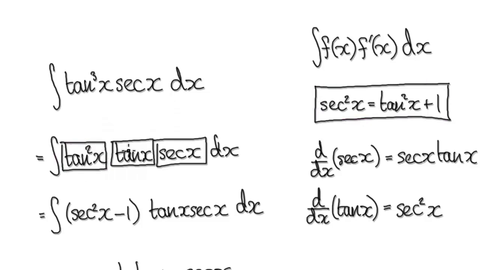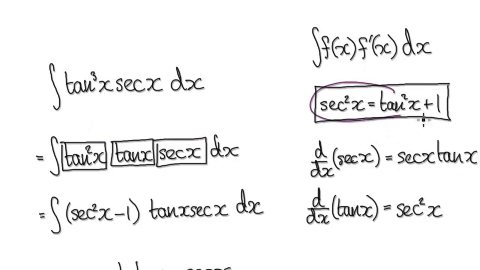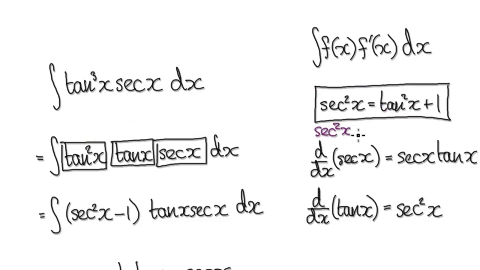So we need to rewrite everything in terms of secant. Make use of this identity here. We need to replace this tan thing. So take away 1 from both sides: secant squared x take away 1 equals tan squared x.